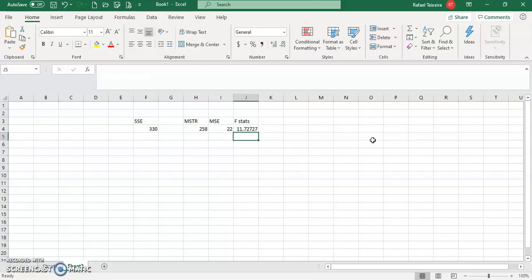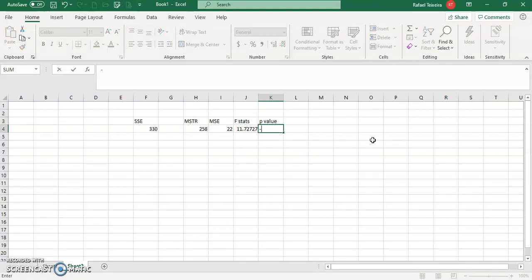Let's do this. So the p-value is equal to F.DIST.RT, open parentheses, and then I select this F, comma, degrees of freedom 1, which is 2, comma, degrees of freedom 2, which is 15, close parentheses.